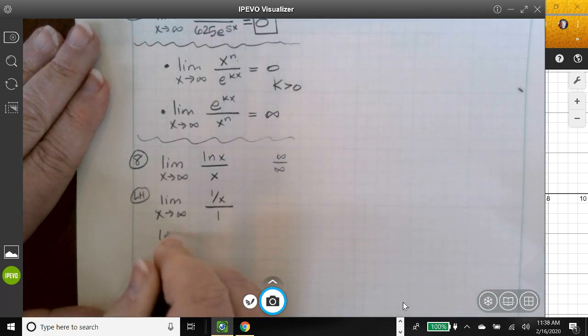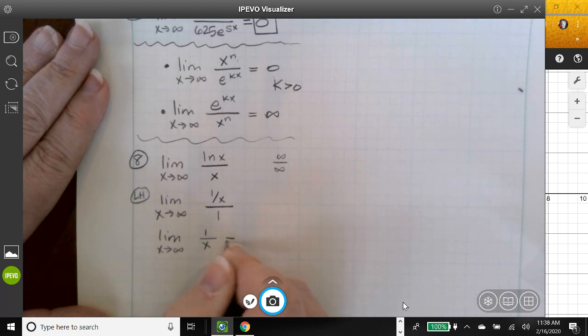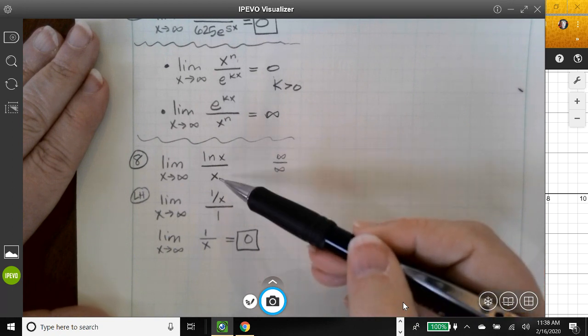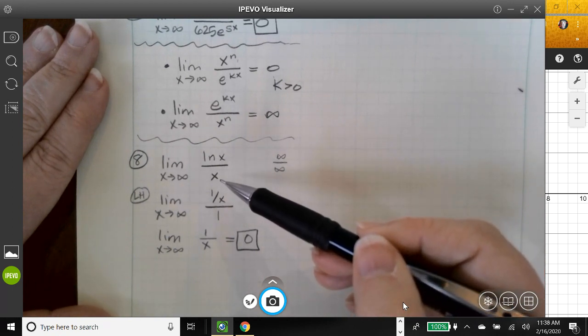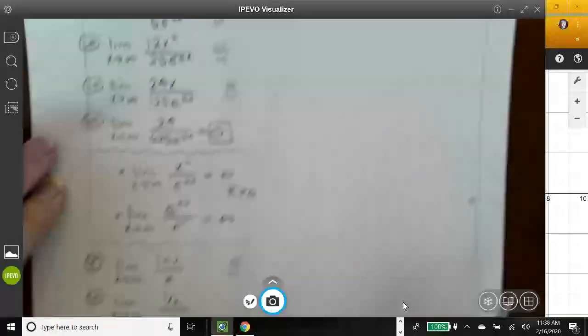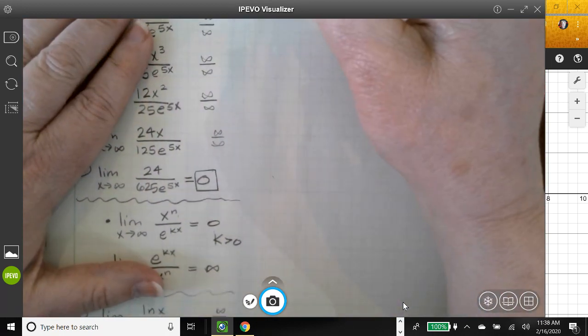This is the limit as x approaches infinity of 1 over x, and we know that is 0. Again, this means that the natural log function doesn't grow as fast as y equals x. Not a surprise. All right.